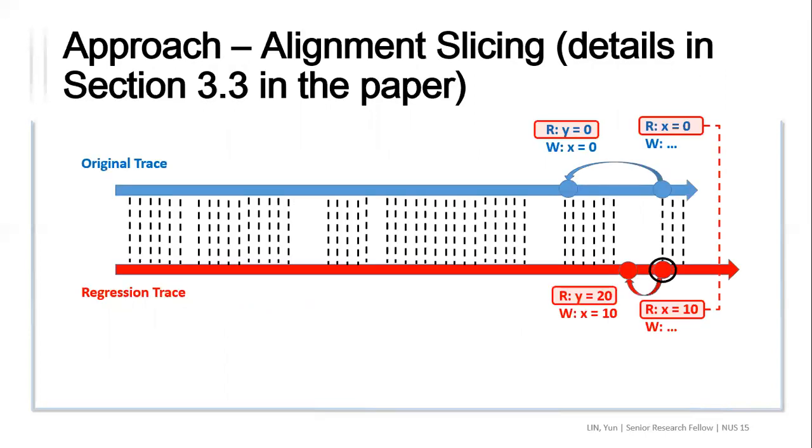After the trace is aligned, we apply alignment slicing and alignment mending for tracking the root cause in the trace. Essentially, we are asking why and why not questions in an automatic way. In the alignment slicing, we start with a step. If the step reads a variable with an incorrect value, we will track its dynamic data dependency on the same trace.